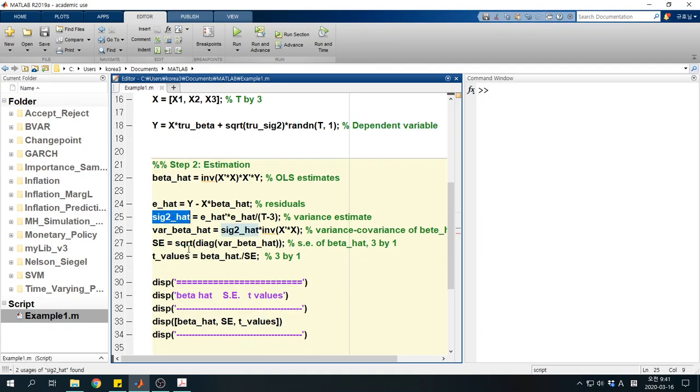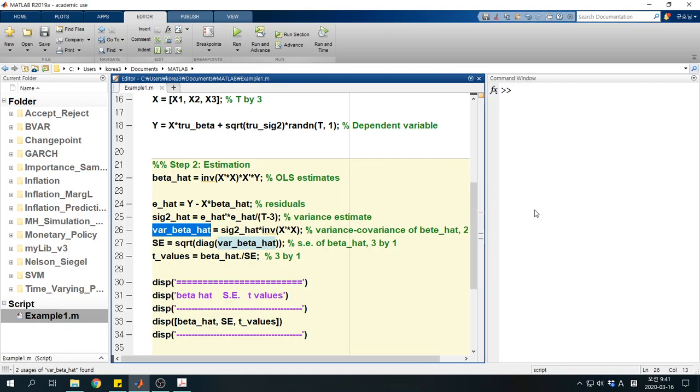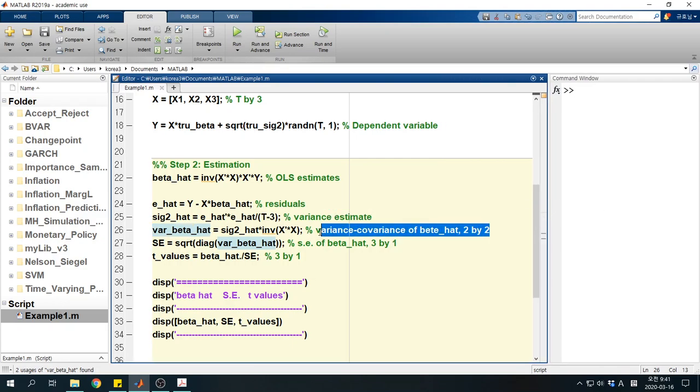Using this sigma squared hat and the number of observations, we can compute the variance of beta hat. And this is a 3 by 3 matrix. Its diagonal elements are the variance of beta 1 hat, the variance of beta 2 hat, and the variance of beta 3 hat, right?